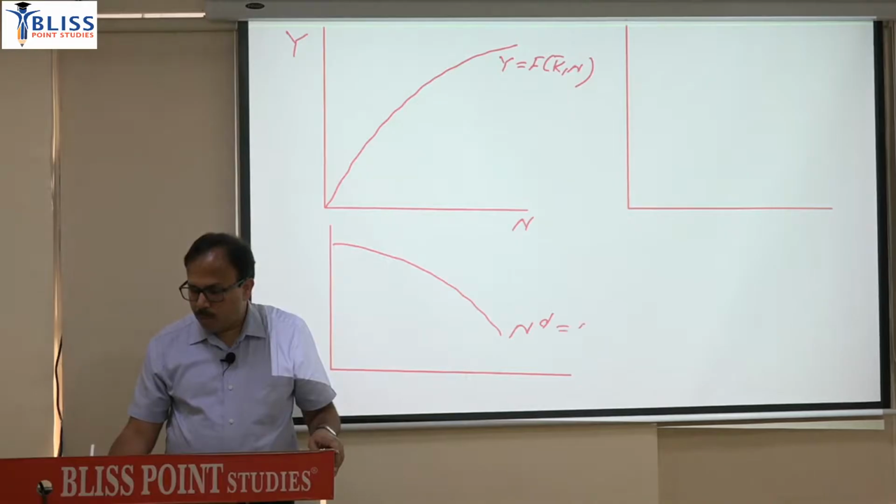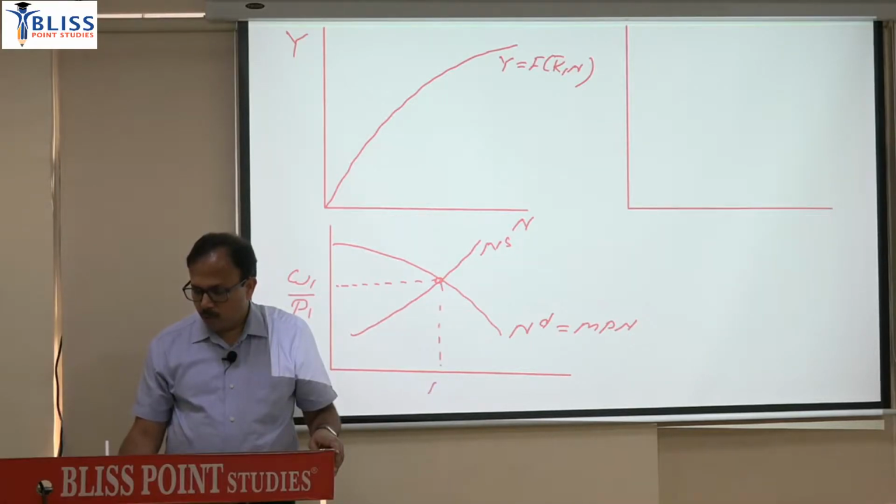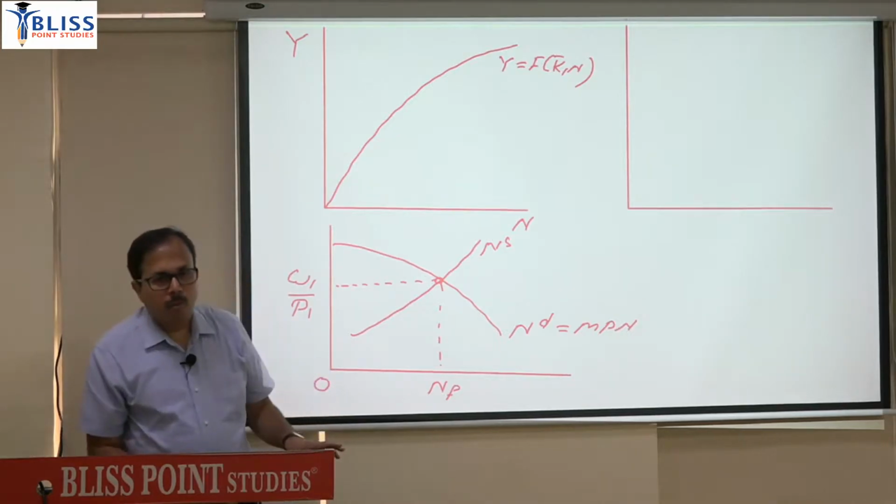Labor demand, remember, is nothing but MPN, and labor supply. Their equality will determine the real wage, say W1 by P1, और इसे NF लिखिएगा, full employment.